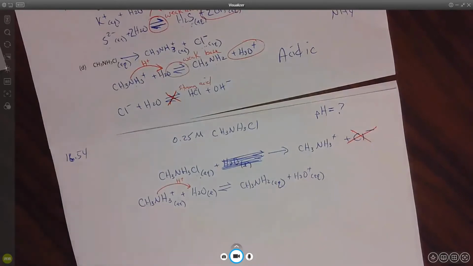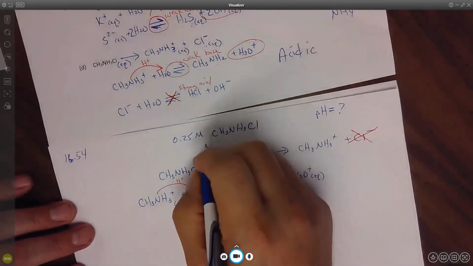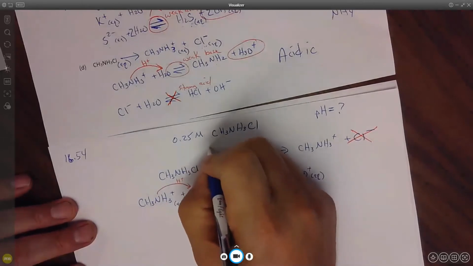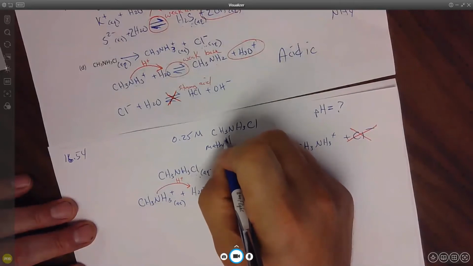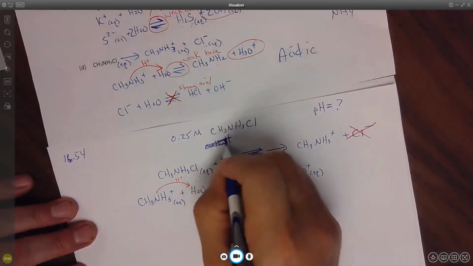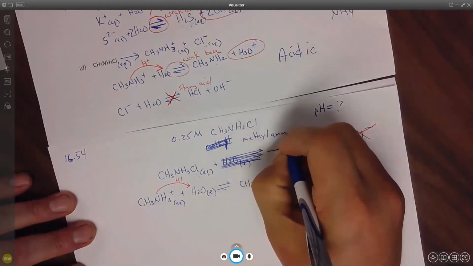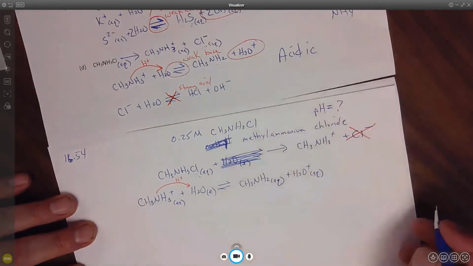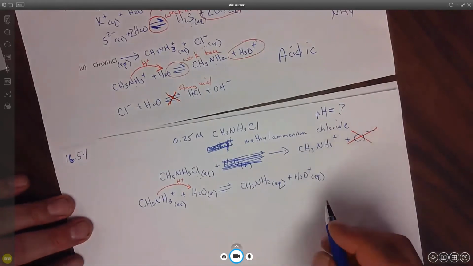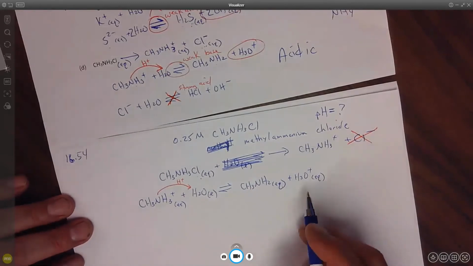So again, the question asked, what is the concentration of methylamine? And it told you that this thing was called methylammonium chloride. Let's start over. When we deal with these nitrogen-containing molecules, they are usually amines, which end in -ine.